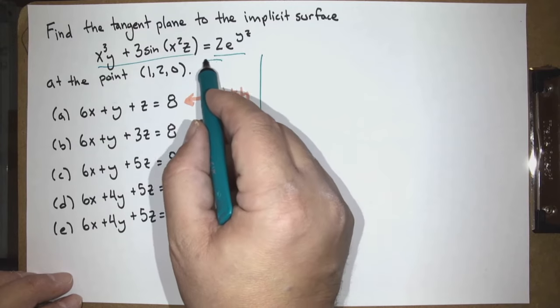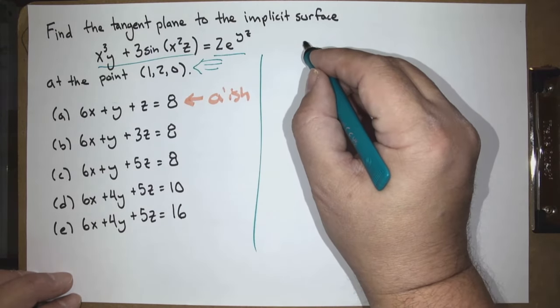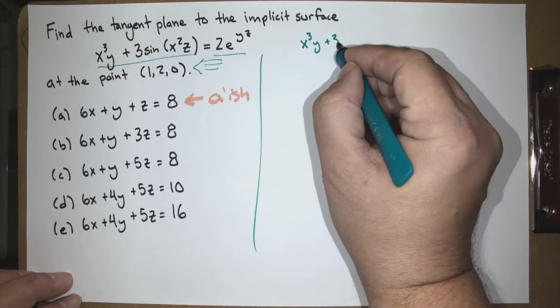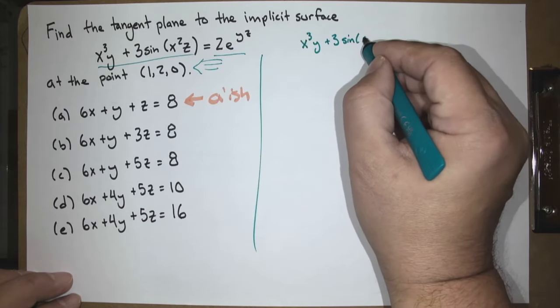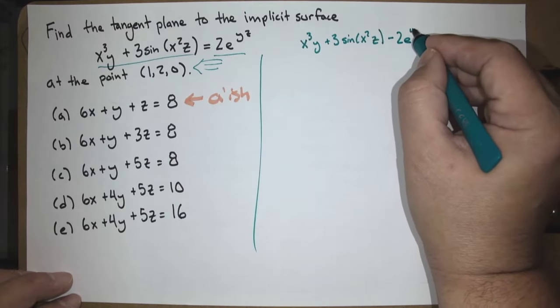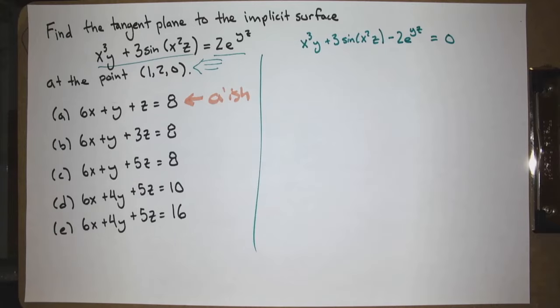We need to get everything to one side. Okay, so we'll rewrite this. This is x cubed y plus 3 sine x squared z minus 2e to the power yz equaling 0. It's the same formula, but now all the variables are on one side.